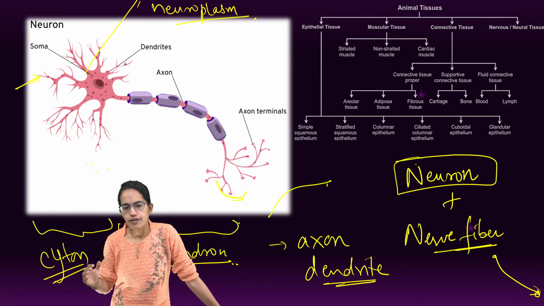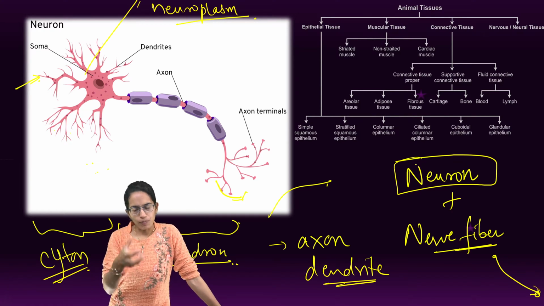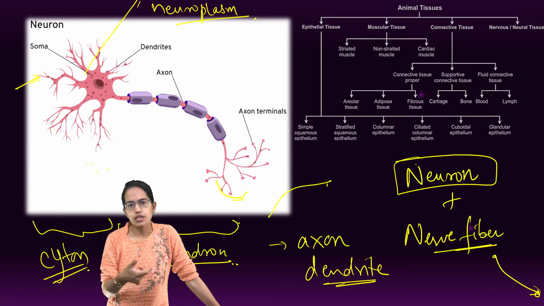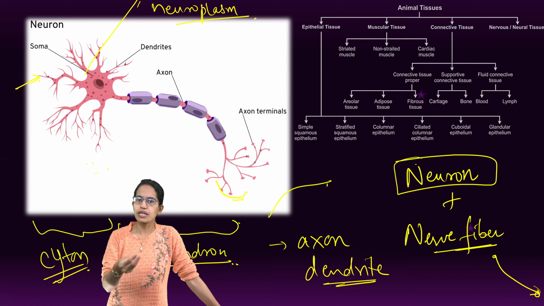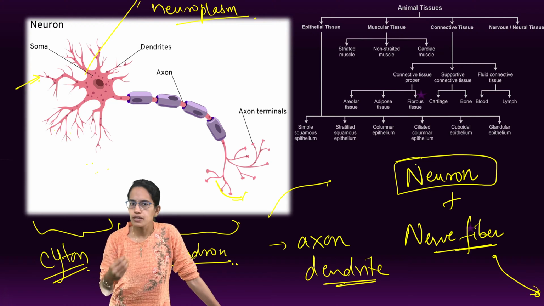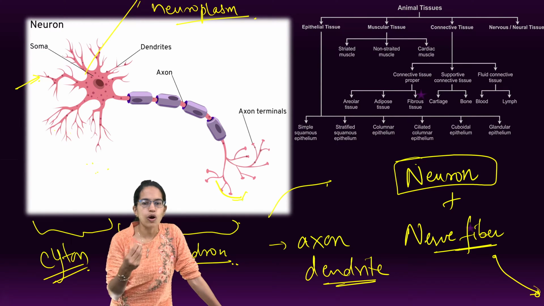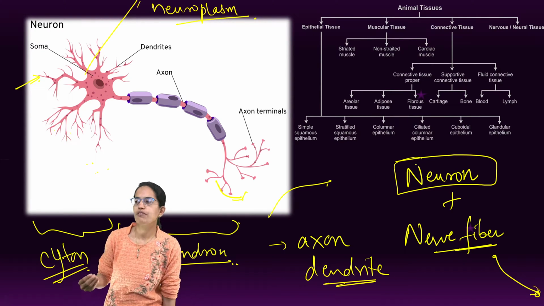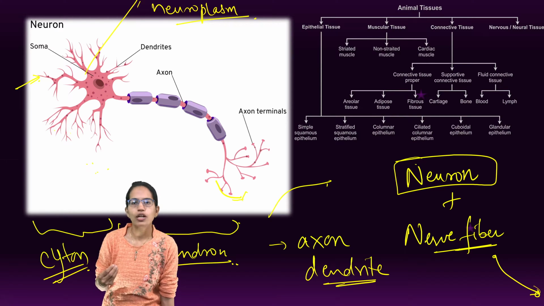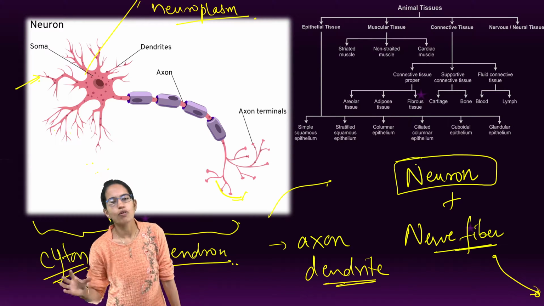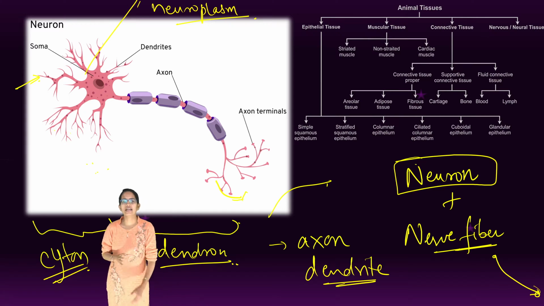Then under connective, it is either a proper connective tissue, which is adipose, areolar, or fibrous, that could be tendon or ligament. It could be a supportive tissue, which could be a bone or a cartilage, and a fluid, which could be blood or lymph. So those are some of the basic categorizations under animal tissue.